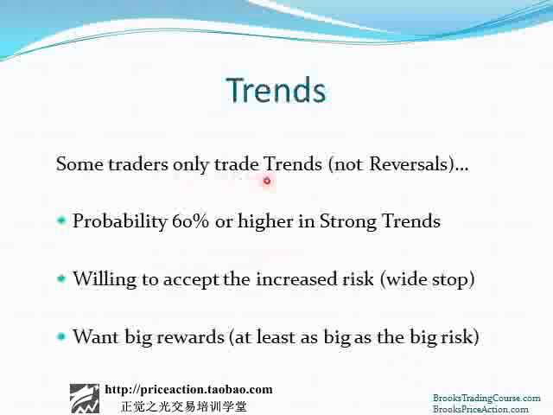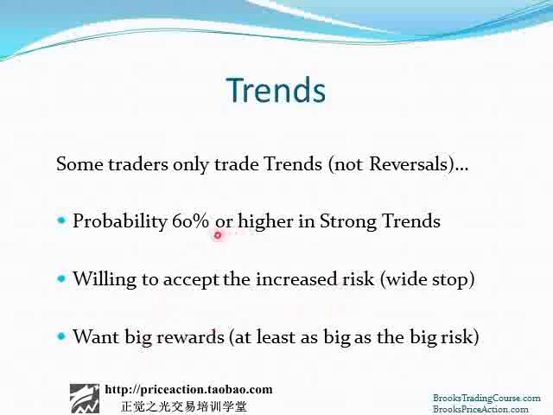Some traders only trade trends. They don't want to trade reversals because the probability within trends usually is high, 60% or higher, that the trend will continue. The risk, however, is often greater because you usually have to use a wider stop, and that's the price you pay to get the higher probability. The rewards also will be at least as big as the risk.